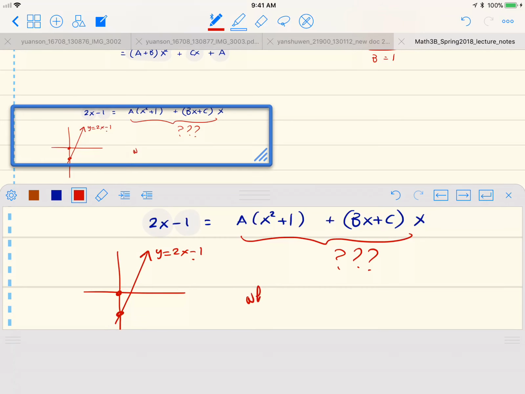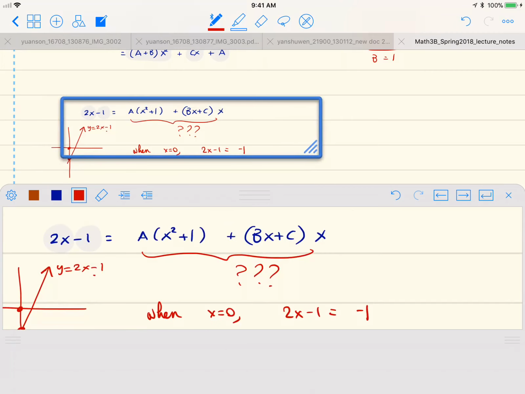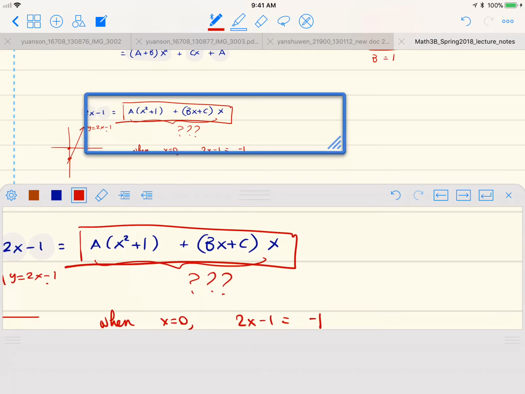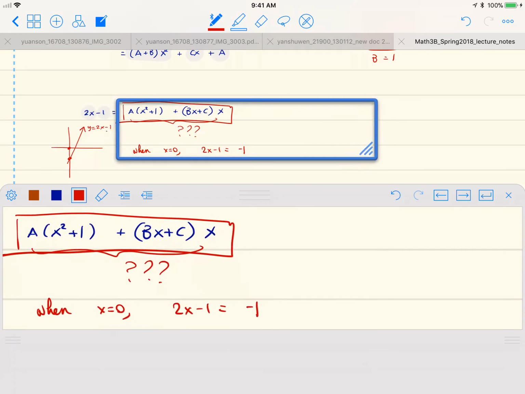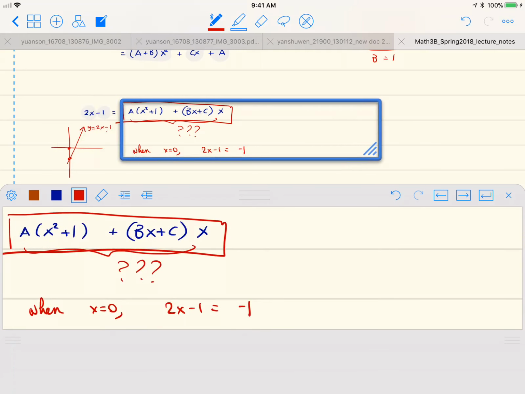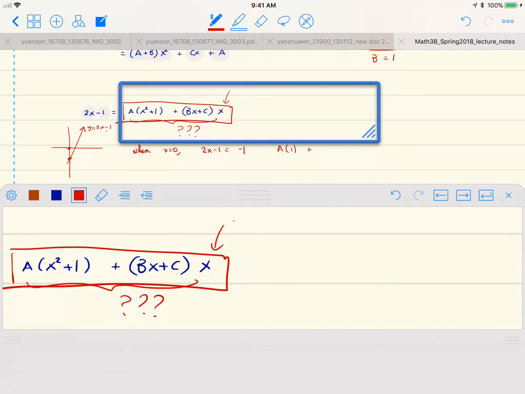So when x is equal to 0, 2x minus 1 is equal to -1. If 2x minus 1 is the same thing as this a times x squared plus 1, then when I plug in x equals 0 on the right-hand side, I should also get -1. So if I plug in x equals 0 on the right-hand side, I'll get a times 1 plus, if I plug in x equals 0, that's going to be 0.